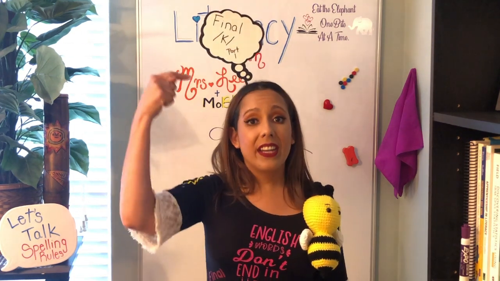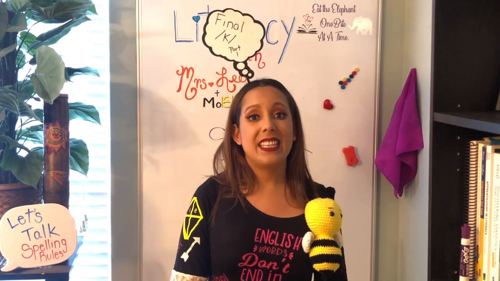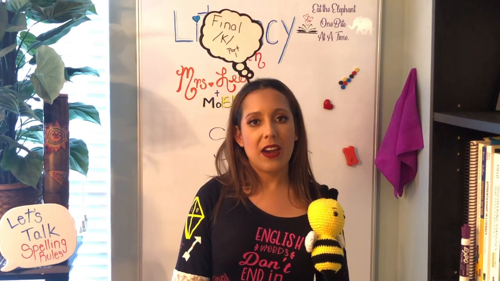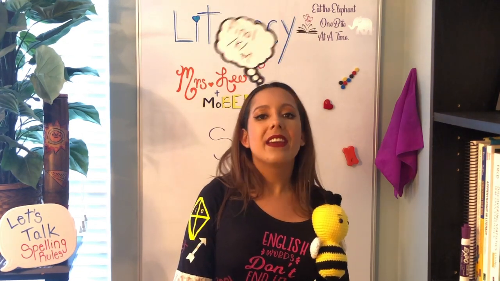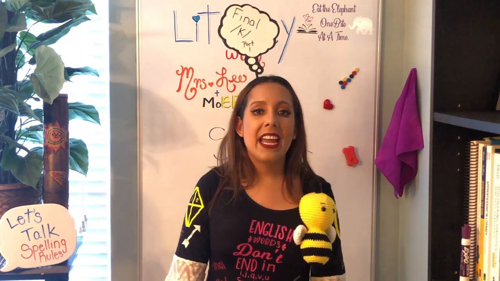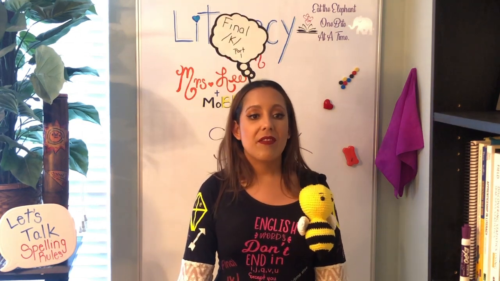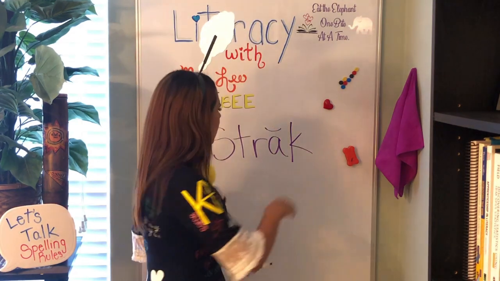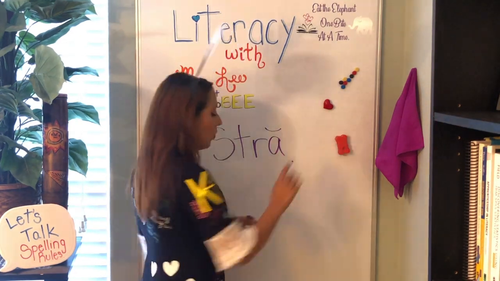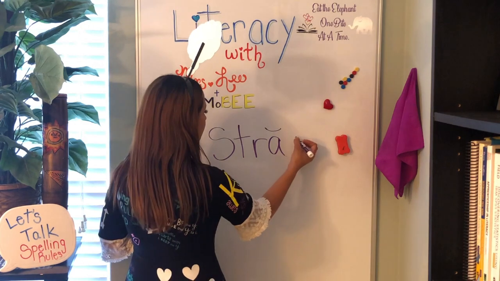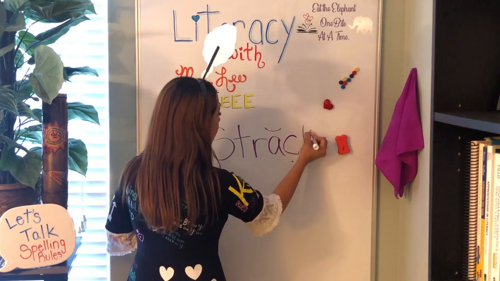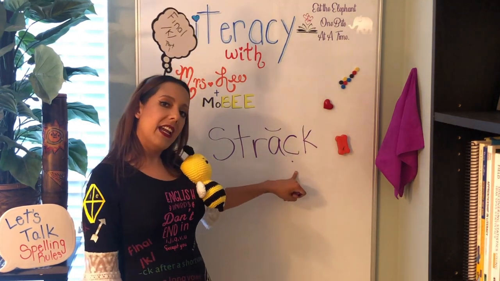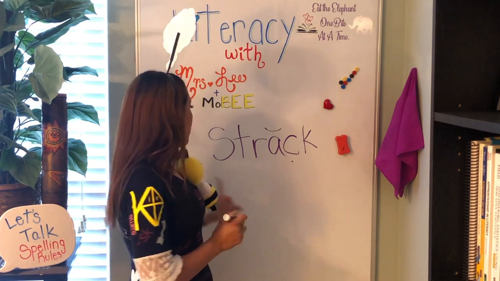The final k sound is spelled CK after a short vowel. Can you say that with me? K, CK after a short vowel. So this nonsense word would need a CK after a short vowel.